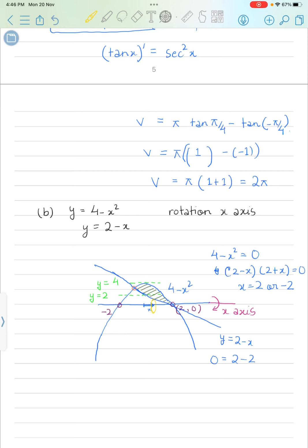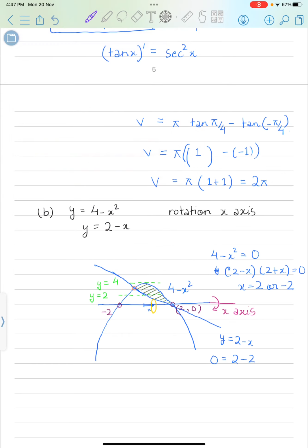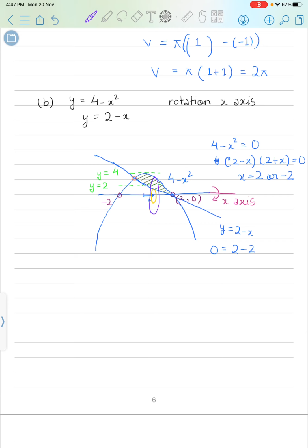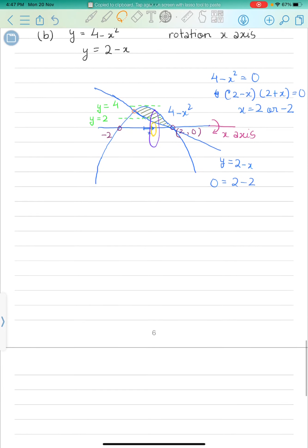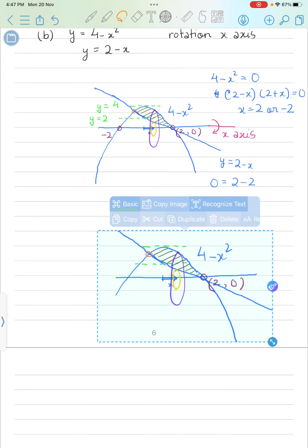If we rotate this, you will get this. And let's take another color. So this point, if you concentrate on this point, it will rotate like this. Okay, so let's take this thing, copy this and again paste it here, and we are going to enlarge this.